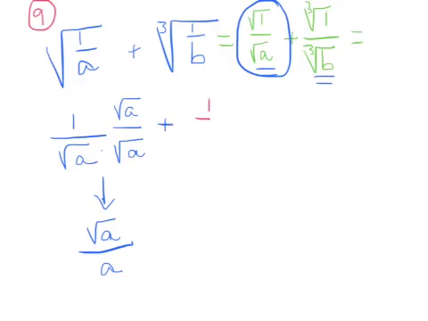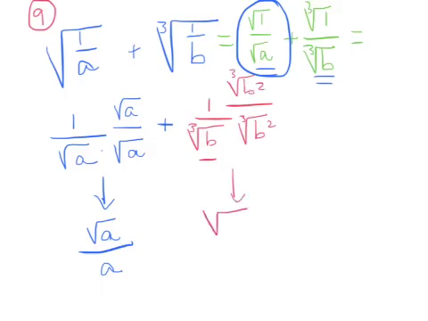Now let's take a look at our second term. I've got 1 over the cube root of b. And what I need in my denominator is a perfect cube. So I really need to multiply numerator and denominator by the cube root of b squared. Because what that's going to give me is cube root of b squared in my numerator.